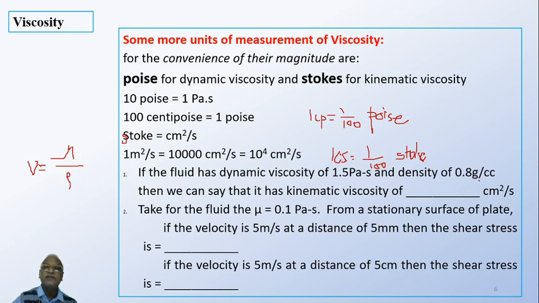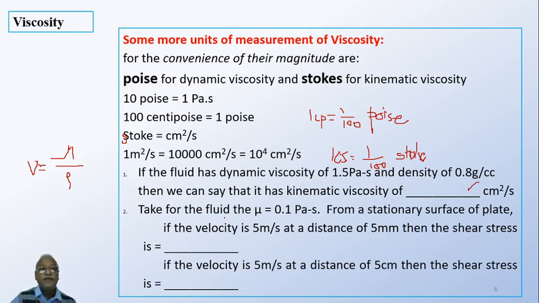You have to convert this into kg per meter cube, so that exercise you have to do, and not only kg per meter cube, you can convert it to centimeter also. So by adjusting the units you should come out with the value of kinematic viscosity in centimeter square per second. So this you can try on your own.